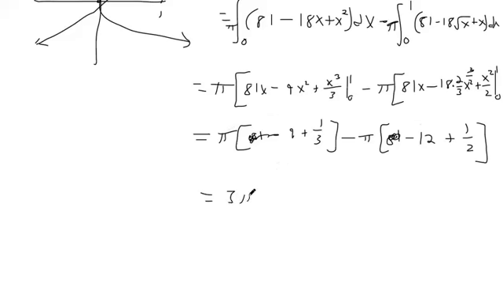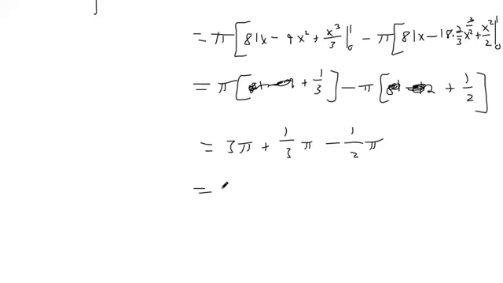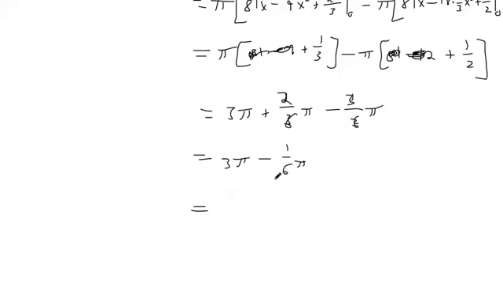That makes 3 pi, because it's minus a negative 12. And then we got 1/3 pi subtracted by 1/2 pi. So 1/3 is 2 over 6, and 1/2 is 3 over 6. So we got 3 pi minus 1 over 6 pi. That's 18 pi over 6 minus 1 pi over 6. So I get 17 pi over 6.